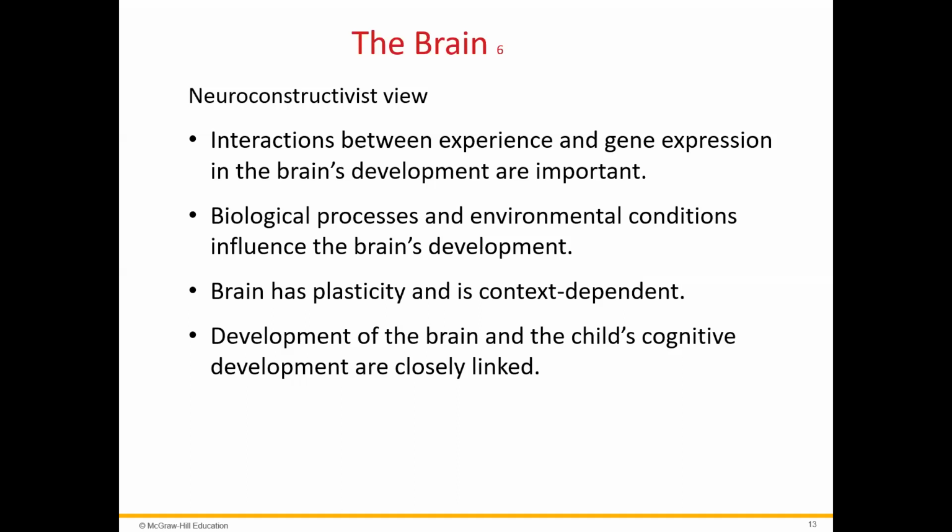When you are parenting or caretaking or looking after a child, everything you do, particularly in the first few years of life when plasticity is at its maximum, every experience they have is affecting the ultimate structure of their brain.